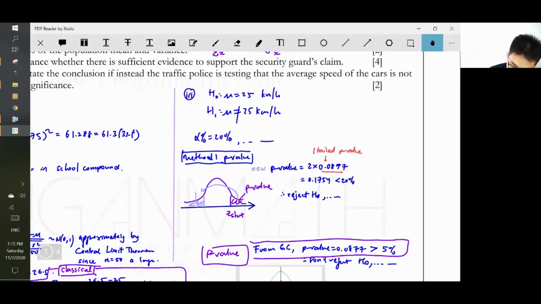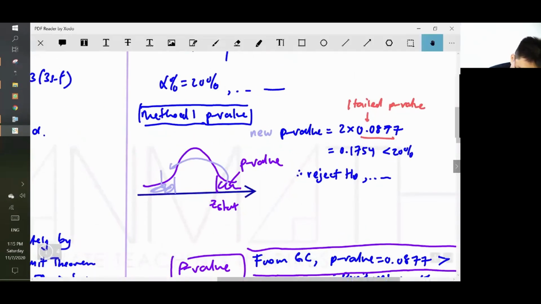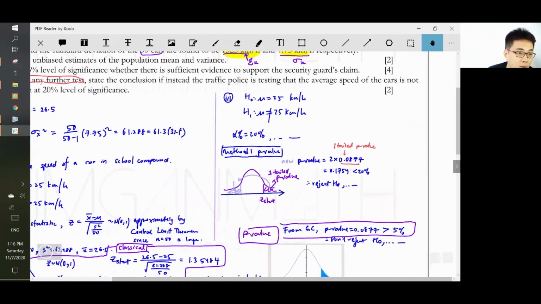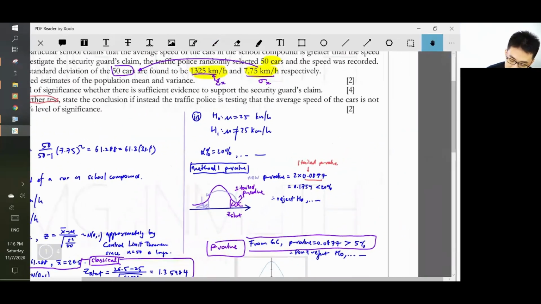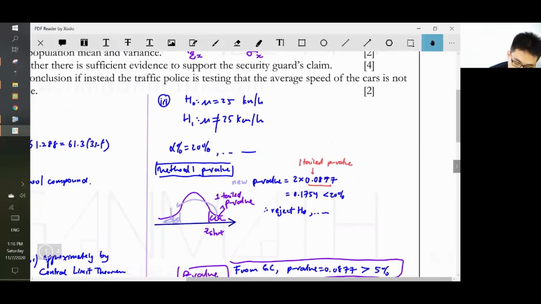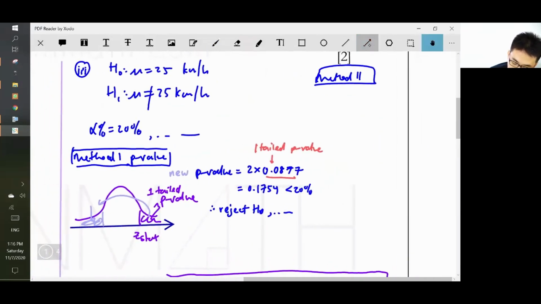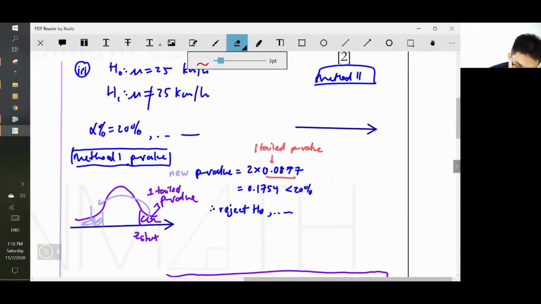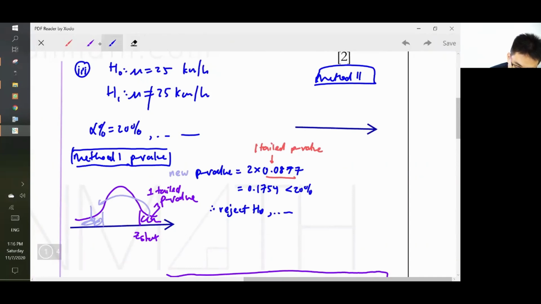So this is the one-tail p-value, it's easier. When you change to two-tail, you just multiply by 2, replicate over. There's another method which some of you are already thinking of, which is to compare with the Z method, because now you're using two tails.